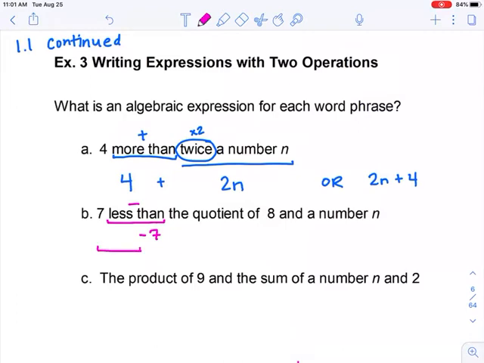That something is the quotient of 8 and a number n. Quotient tells us that we are using division. The and tells us where to put that division. That means I have an 8 divided by n, or an 8 over top of n. So 7 has to be subtracted from 8 over n. So 8 over n subtract 7.